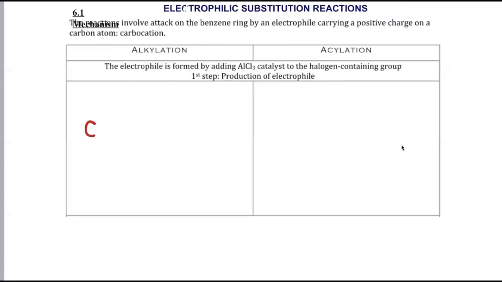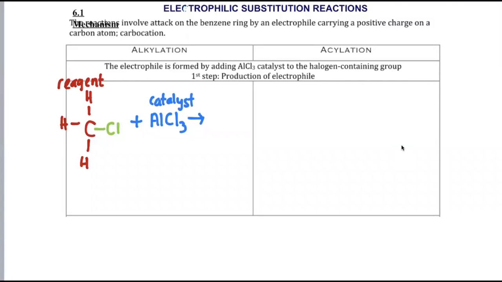My reagent is CH3Cl. I try to draw the Cl in a different color. And then my catalyst is AlCl3. So this is my catalyst, and the other one is my reagent.